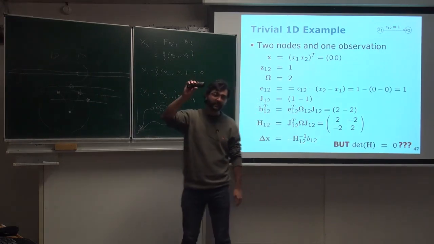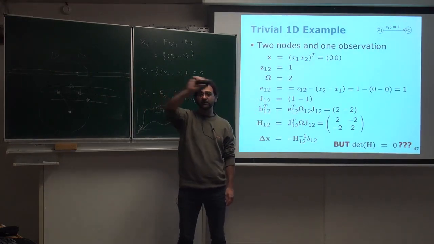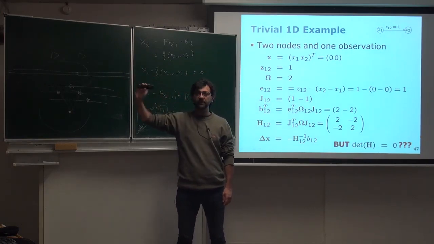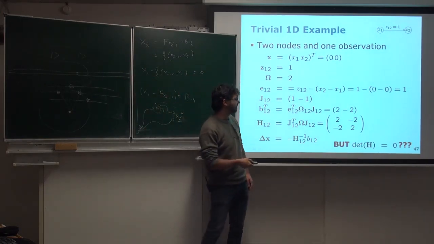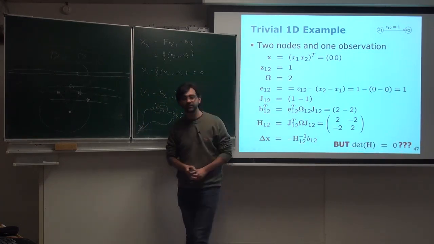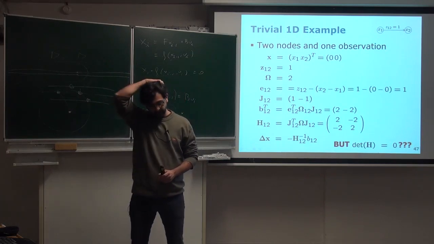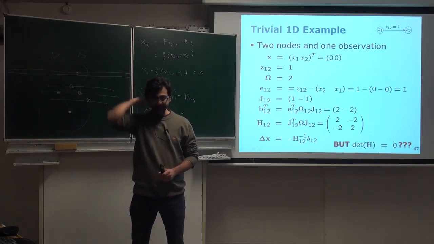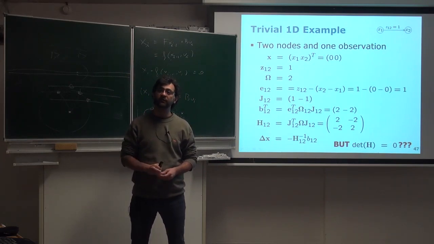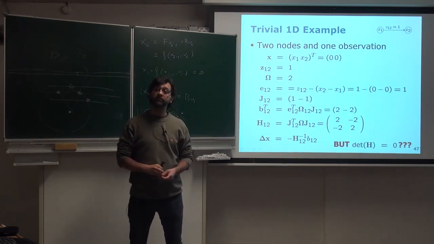If I am in just a 1D world, they can be everywhere on this line, and they will still be 1 meter away. So the reason of having this determinant equal to 0 basically means that I have not enough information for solving this problem.